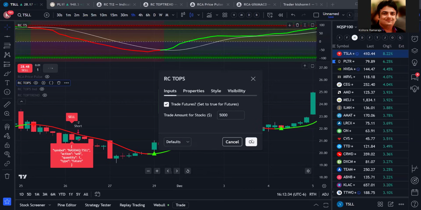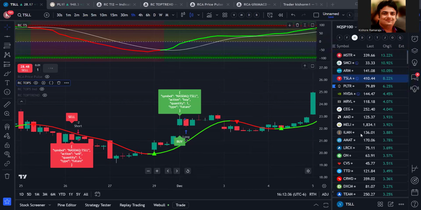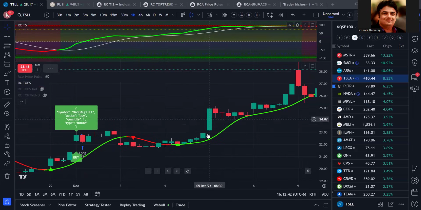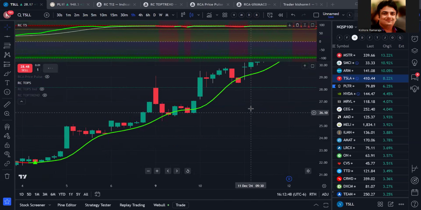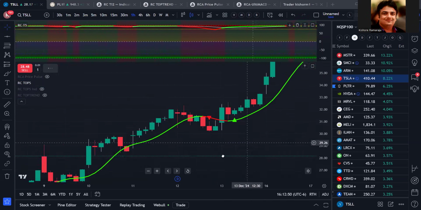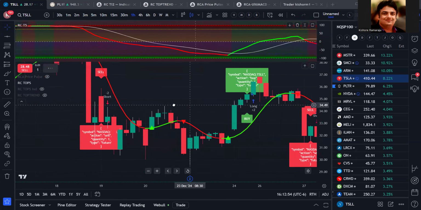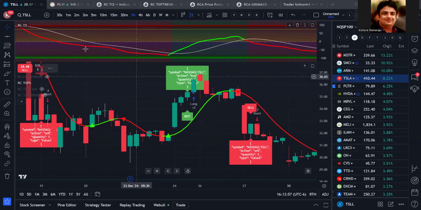But again, as I said, do it on ES, NQ, crude oil, GC, where there is good liquidity. If you take tickers with very little liquidity, the bots can give us losses. But on tickers with high liquidity and high volume, these bots can make profits.